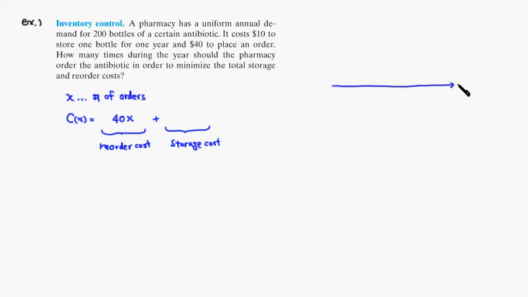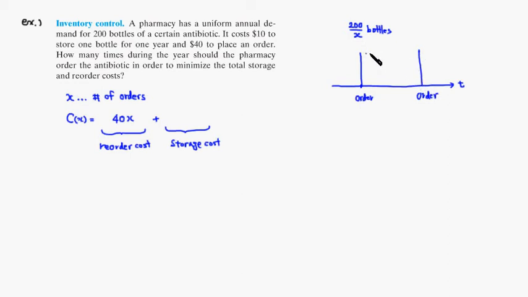Let's say this is time t, and you make an order here. Since we're going to make x orders per year, and we need 200 per year, each time we're going to order 200 over x bottles. And here's the next order again. We order 200 over x bottles there.